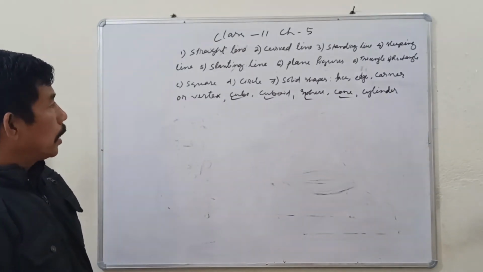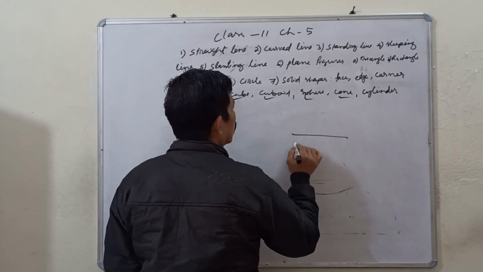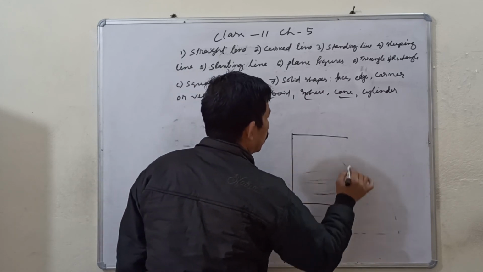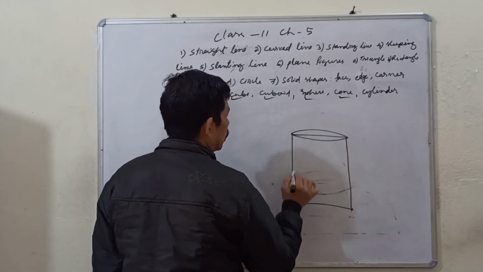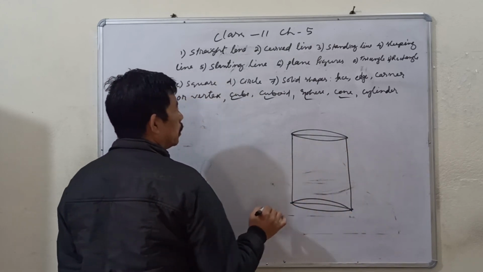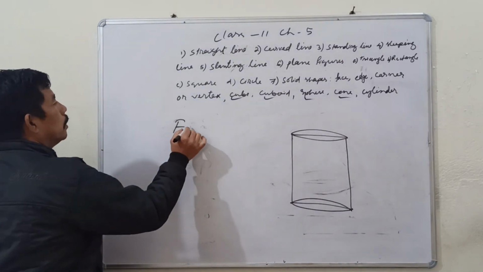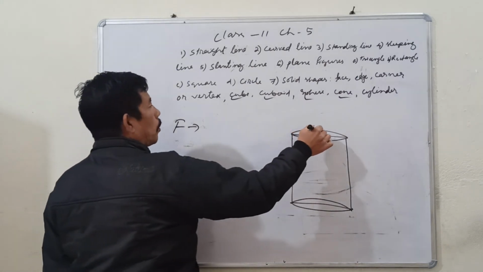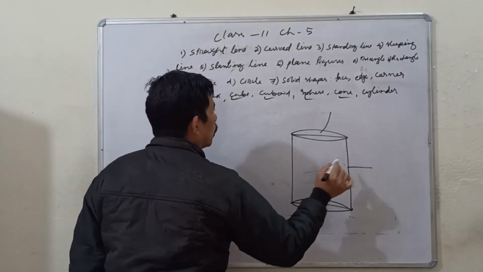Then let's come to the last solid shape, that is cylinder. This is the shape of a cylinder, and it has one face here, another face here, and the other one, the round curved one.